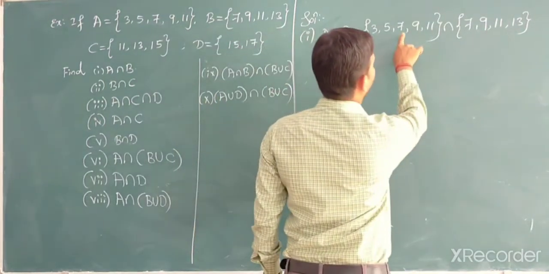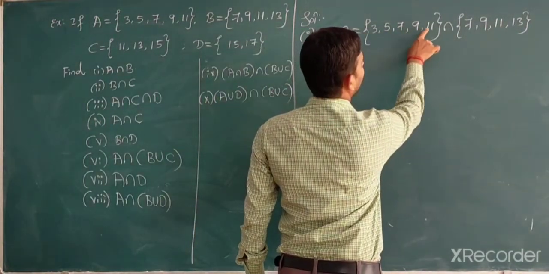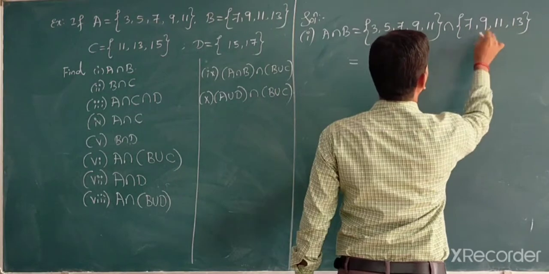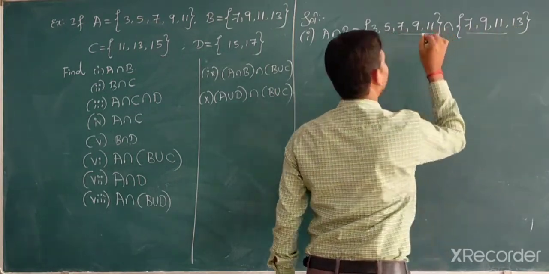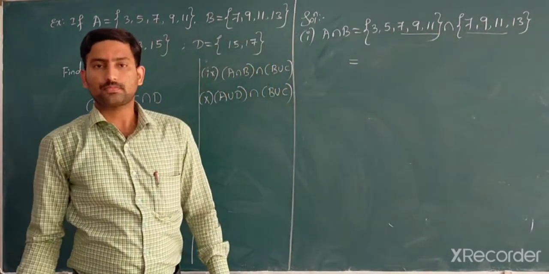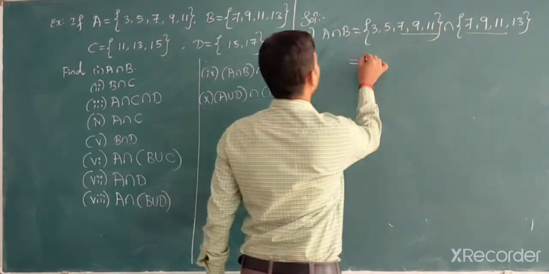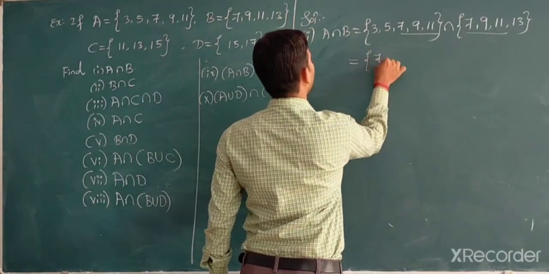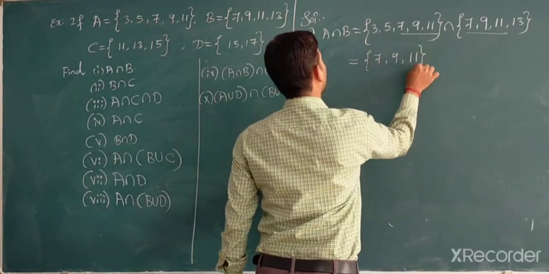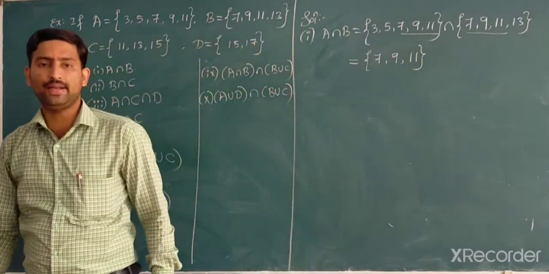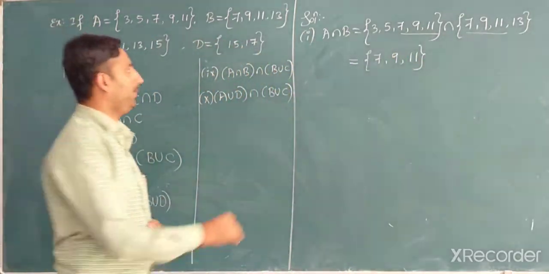What are the common elements here? 3, 5, 7, 9, 11 and 7, 9, 11, 13. Therefore, 7, 9, 11 are common. So you write it as the set {7, 9, 11}. Correct? 7, 9, 11 are the common elements.